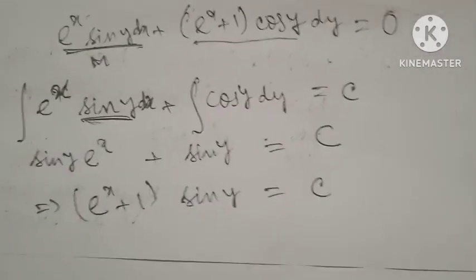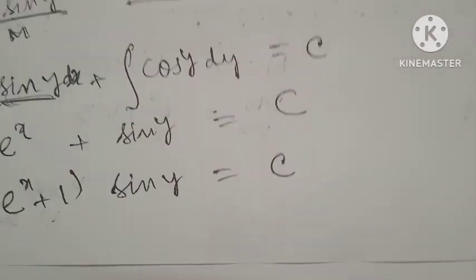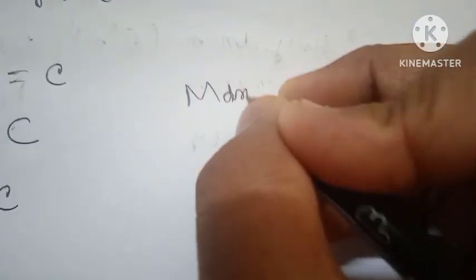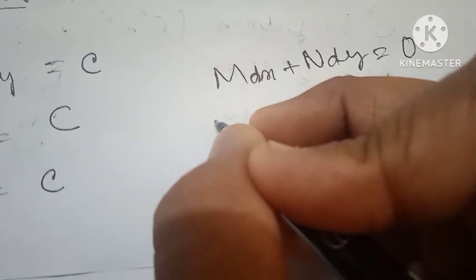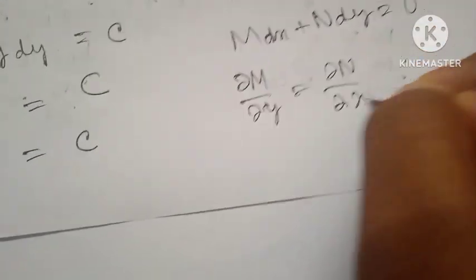So students, I think you can understand now what is an exact equation and how we have to solve it. So always remember, for a differential equation in this form M dx plus N dy equals 0 to be exact, we have to satisfy this condition that delta M by delta y equals delta N by delta x.